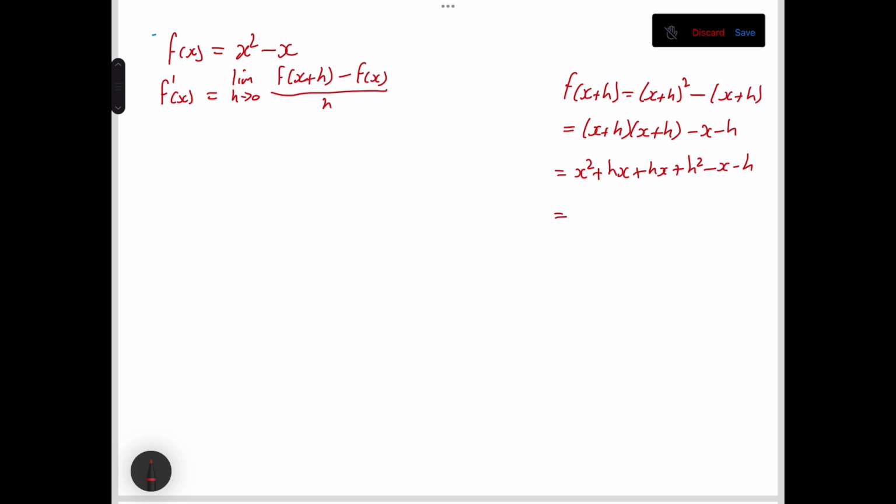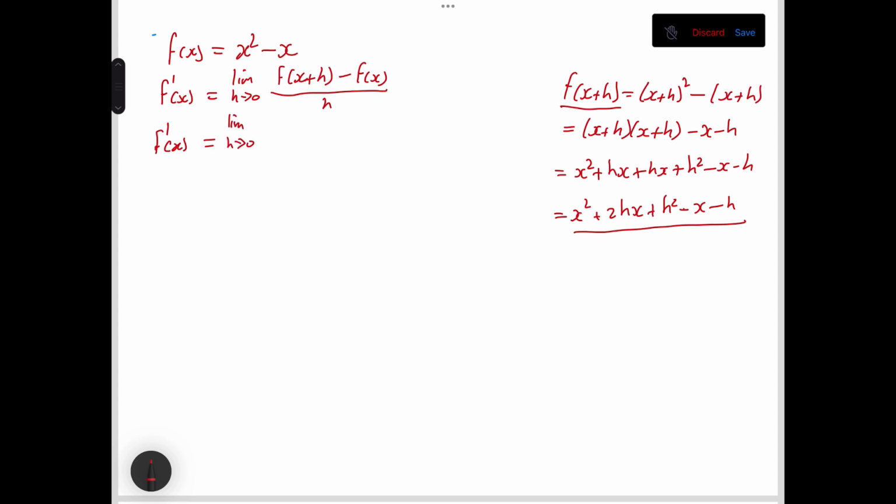Now we're just going to add the like terms: plus 2hx plus h squared minus x minus h. We can't add anything else here because there aren't any other like terms. We're going to substitute that in the place of f of x. Remember again, notation is very important.